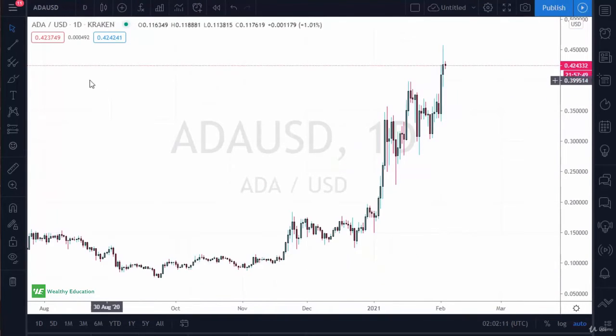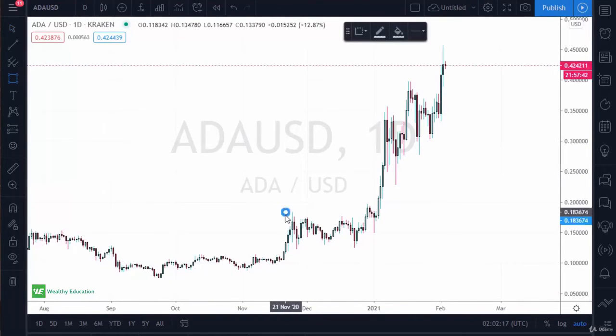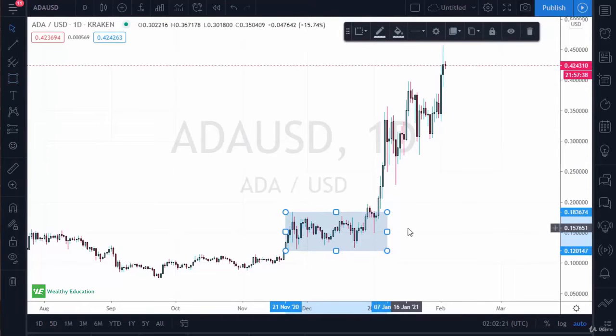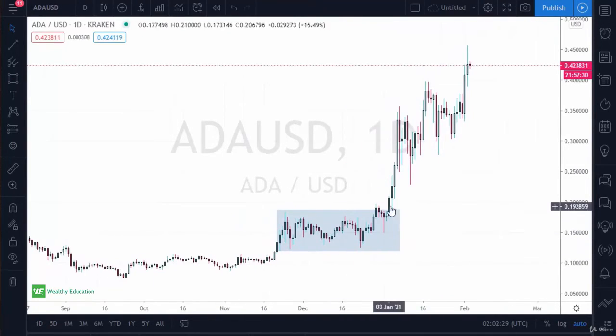So Cardano did an almost identical thing on this daily chart. You can see it was right here. And this is why a lot of traders will actually wait for a close outside of this, a strong close for that matter. Because had you taken it at the very first tick above, you may have gotten stopped out.